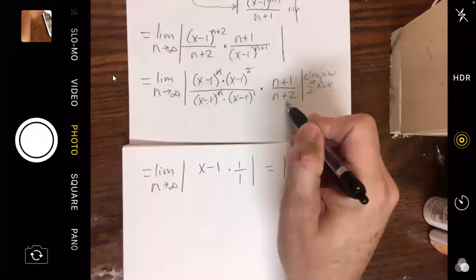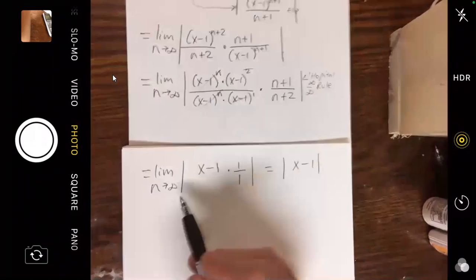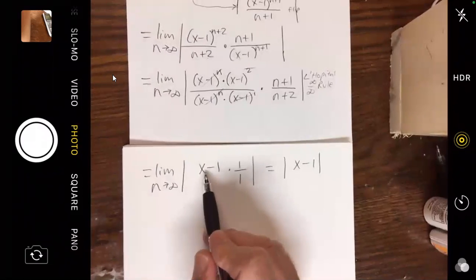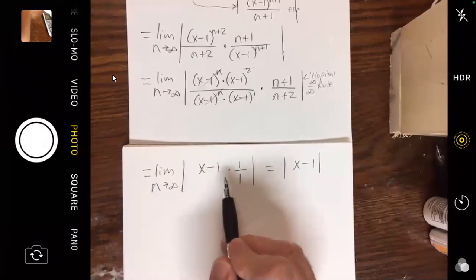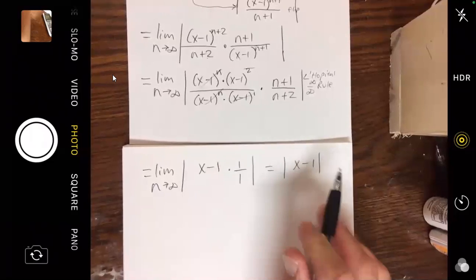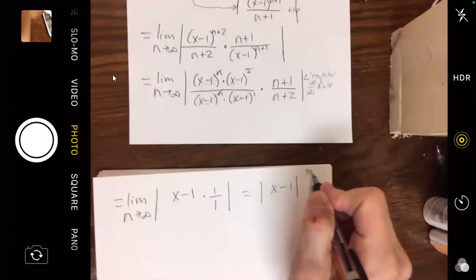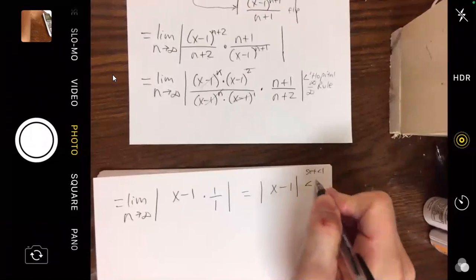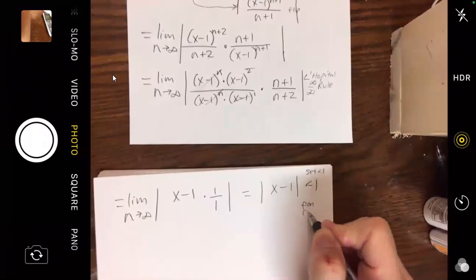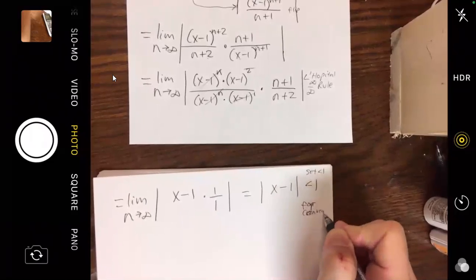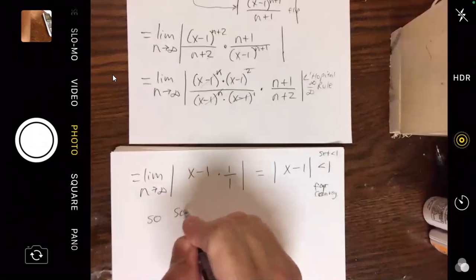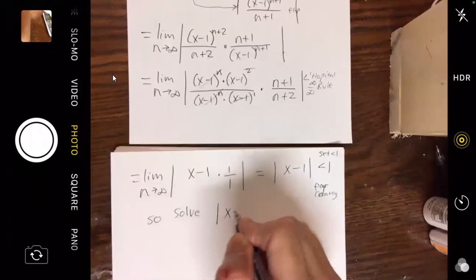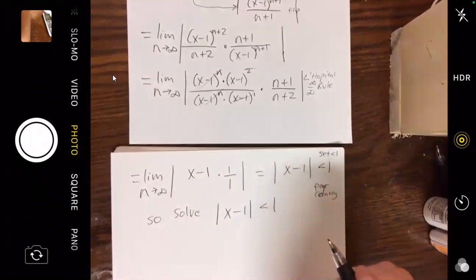Okay, so that limit works out to 1, and we want to see the x doesn't matter. It survives just like a number would, because you only care about the limit as n goes to infinity, and so there are no n's here, and you wind up with just the x minus 1, which we are going to set less than 1 for convergence. So I want to solve absolute value of x minus 1 less than 1.